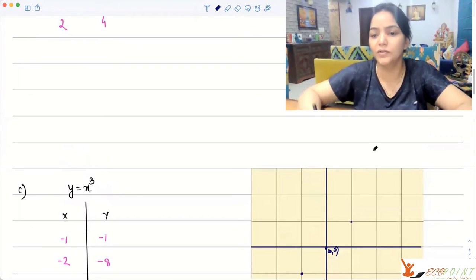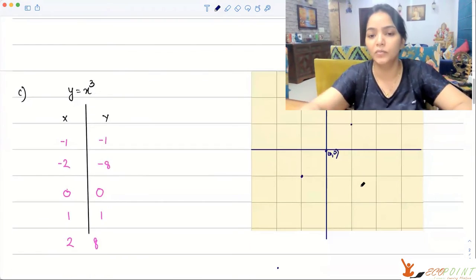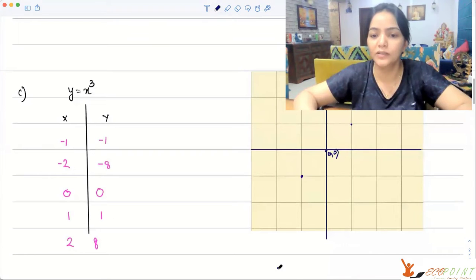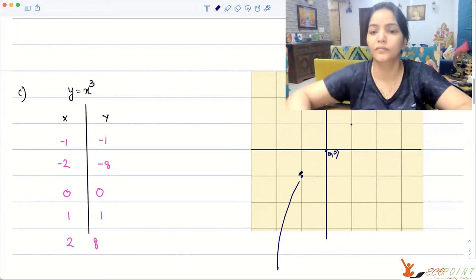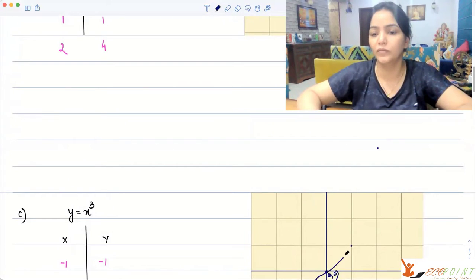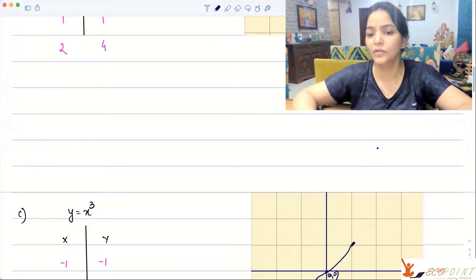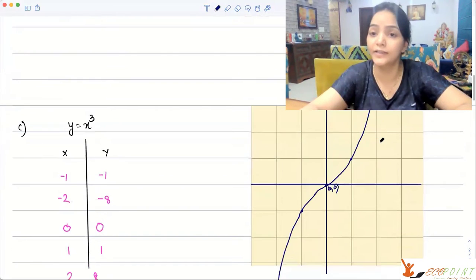And similarly, at 2, there's a jump and you are very far at 8 because it's cube. So what's really happening is you have a curvaceous thing here, and it's then going up. From here it will join 1, 1, and then it's going to go up pretty steep. So this is the kind of graph that you have for x cube.